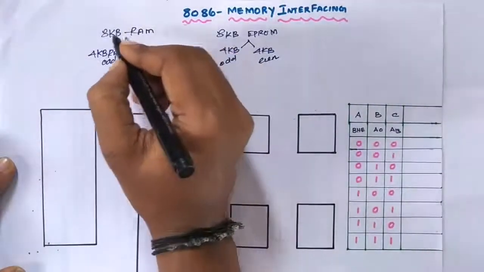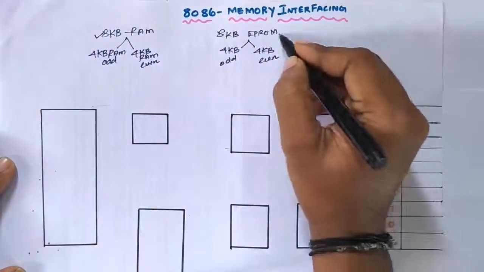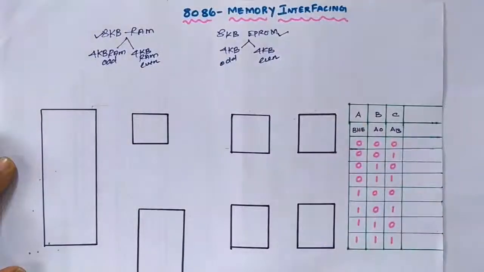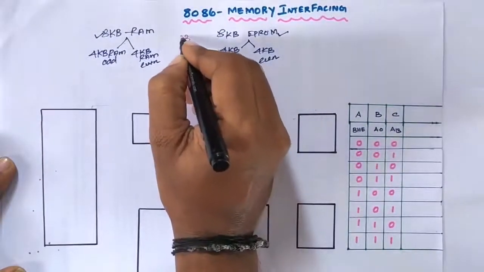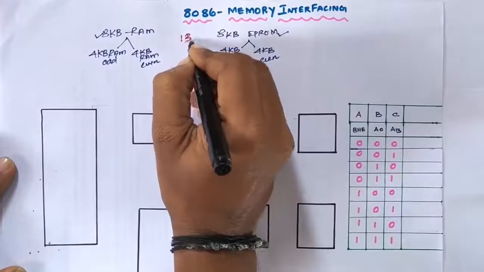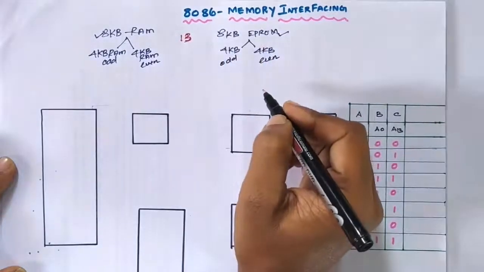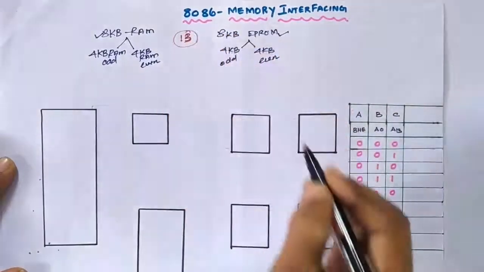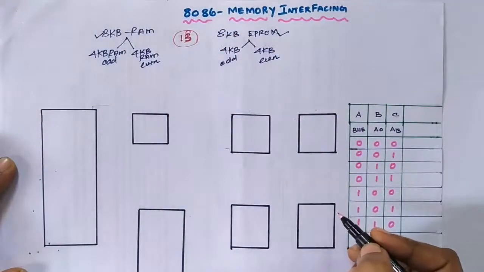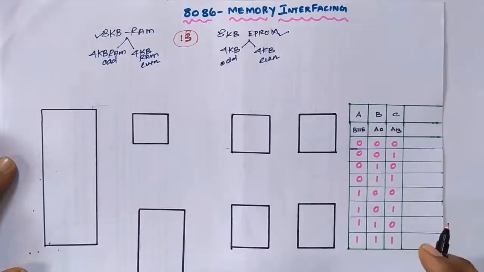To interface the 8 KB RAM and EEPROM, we need to share 13 memory address lines from the microprocessor.